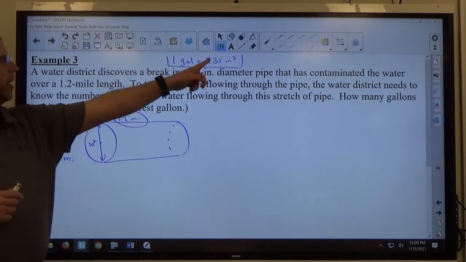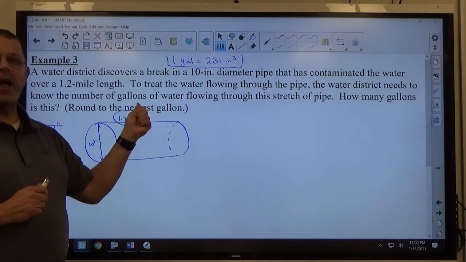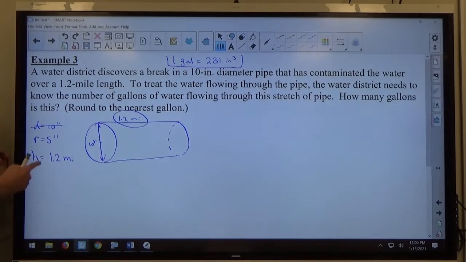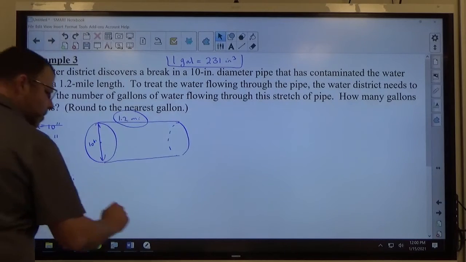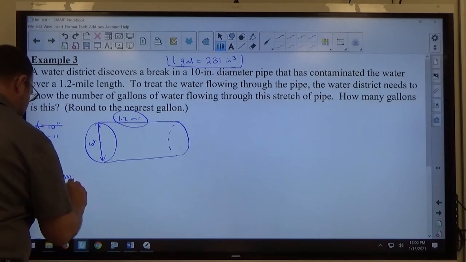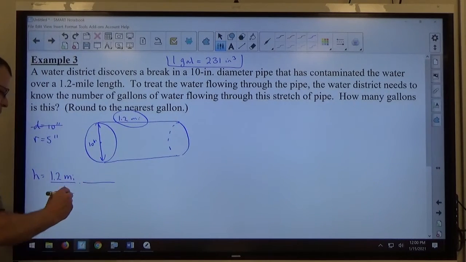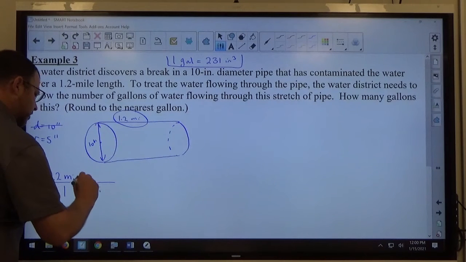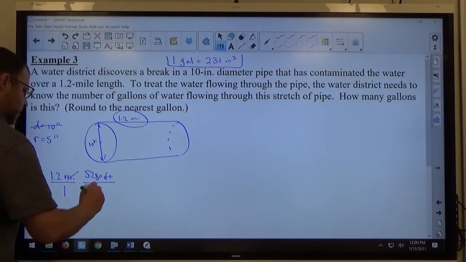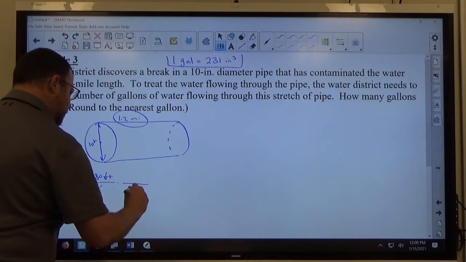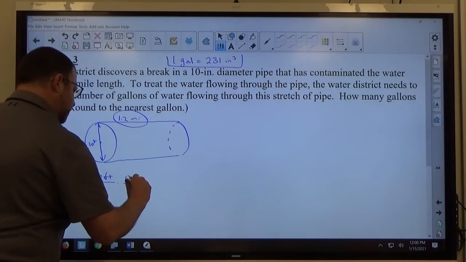And since I have a cubic inches to gallons conversion, I don't want to get gallons as my answer, it makes more sense to change miles to inches than inches to miles. So, if I take my 1.2 mile height, place that over the number 1, I know that 1 mile is equal to 5,280 feet. And I know that 1 foot is equal to 12 inches.